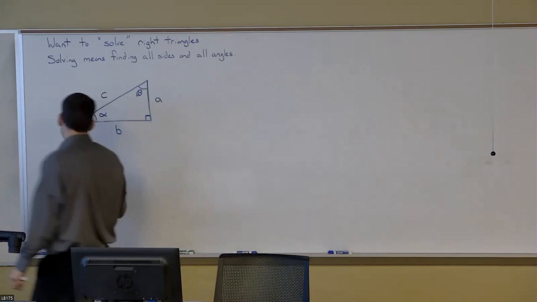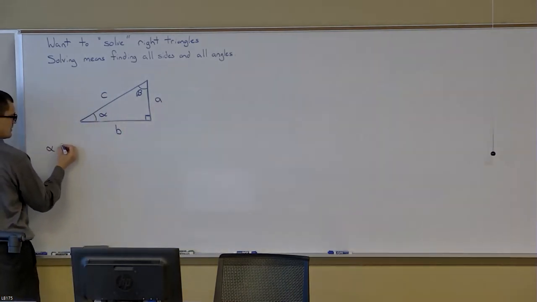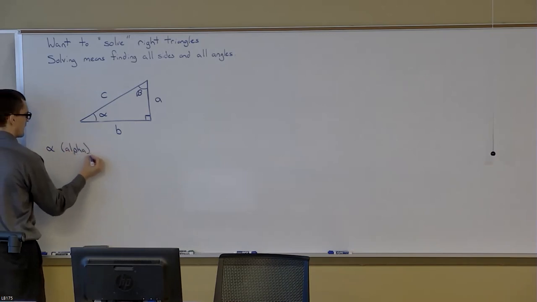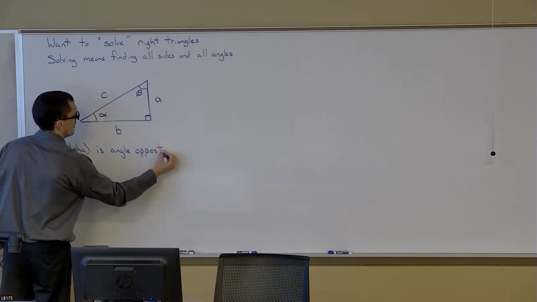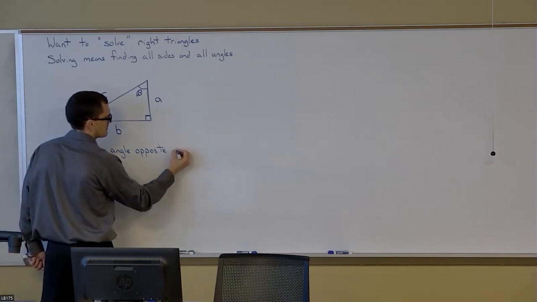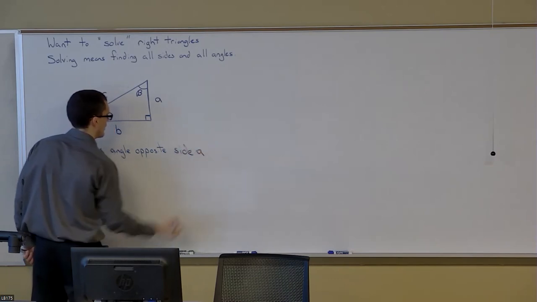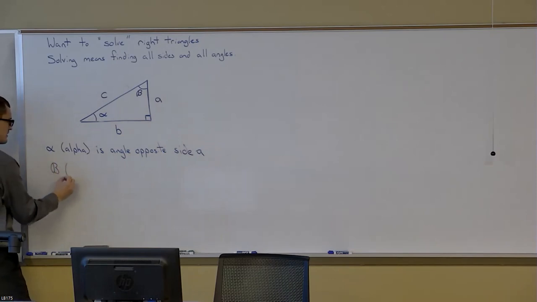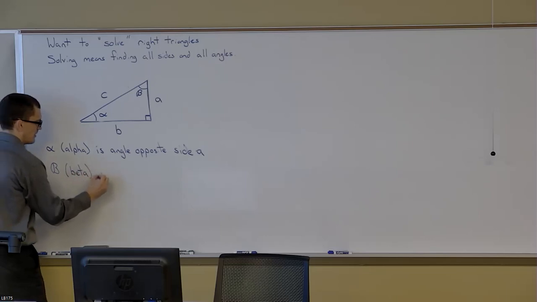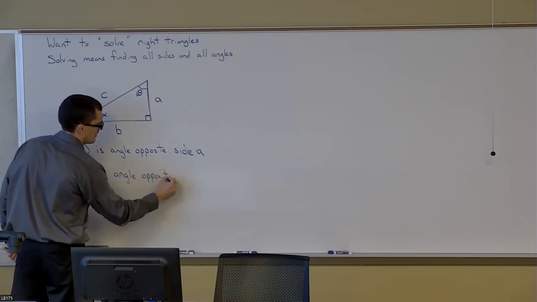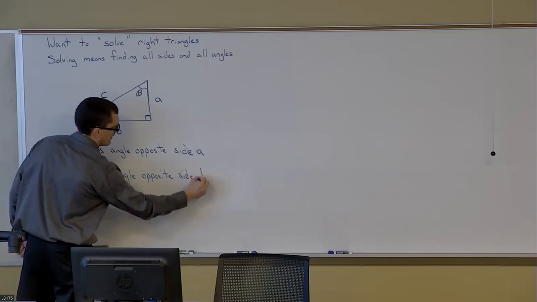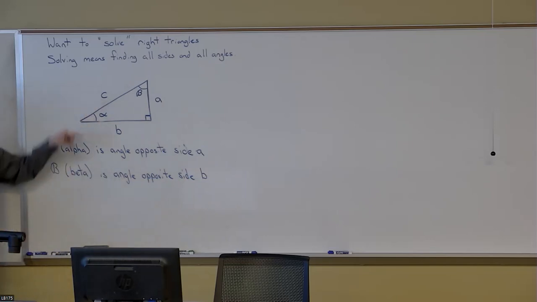But we're always going to have alpha be the angle opposite of leg A or side A. Beta is the angle opposite side B. So beta B, alpha A. This is the Greek alphabet. Alpha comes first, beta comes second.